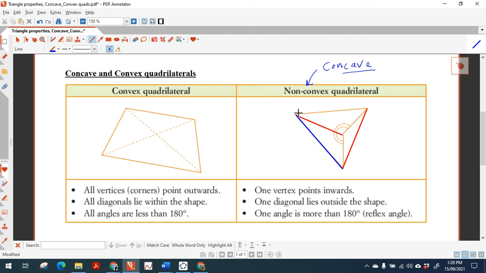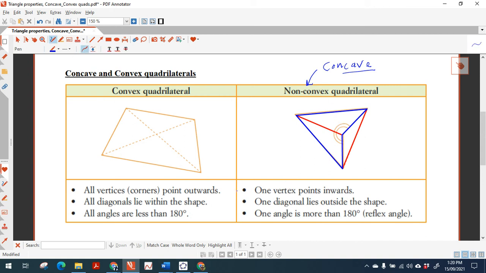So the main shape is there, and there, there to there, and then so the blue part is the main shape and the red part is the diagonal. So you can see that for a non-convex quadrilateral, one of the diagonals is outside of the shape. Okay.